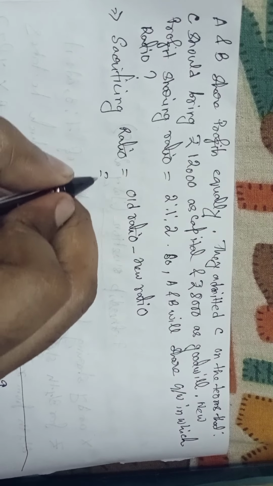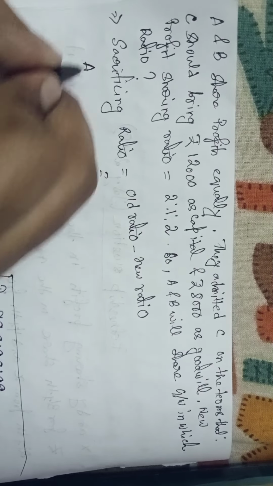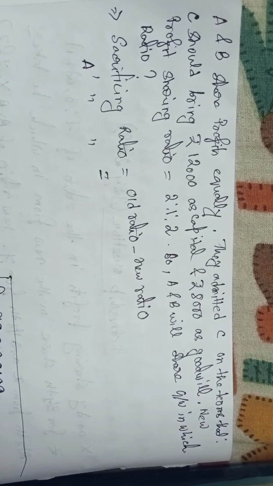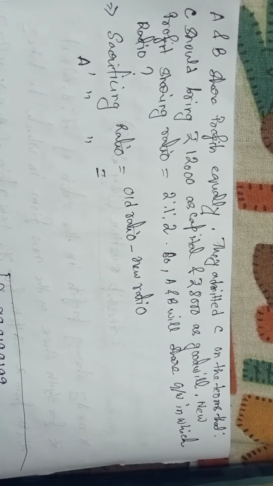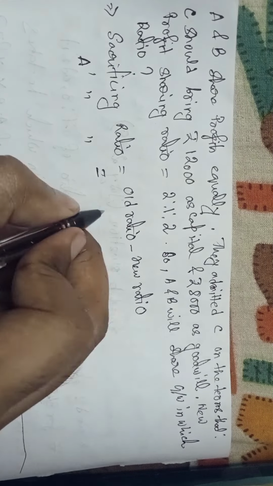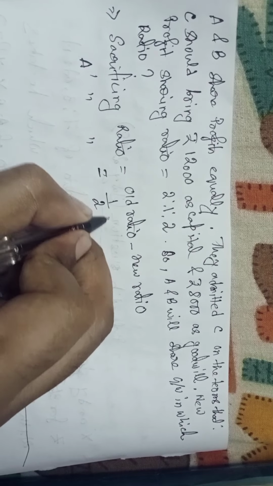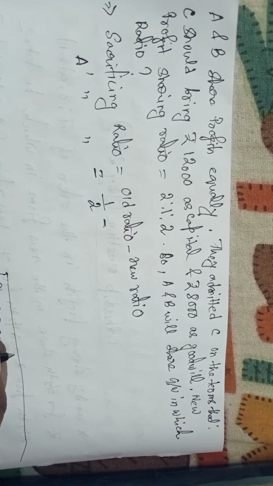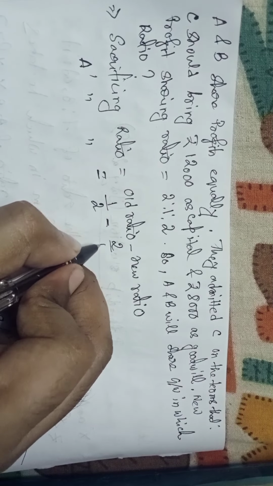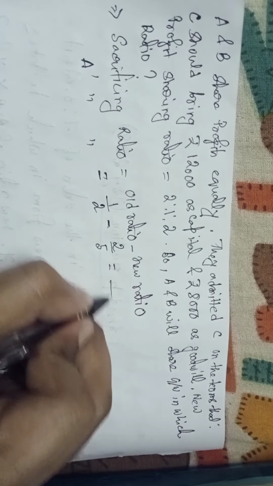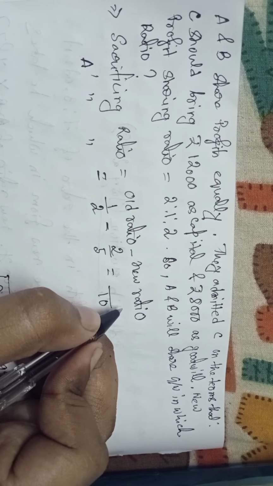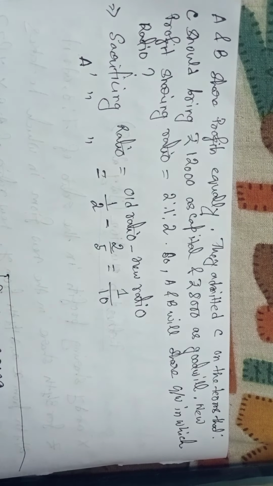So first calculate A's sacrificing ratio. Previously A was getting 1:1, means he was getting half of the profits, and new profit sharing ratio is 2:1:2, means A is getting 2/5. So you have to deduct that from old ratio. So we'll get 1/10.